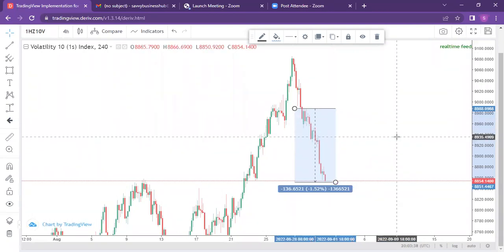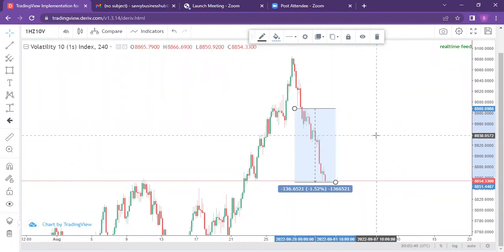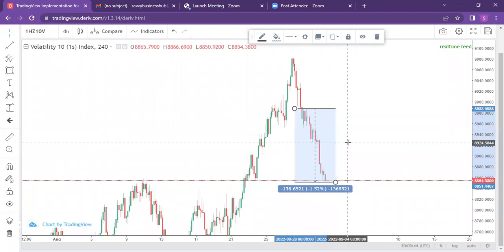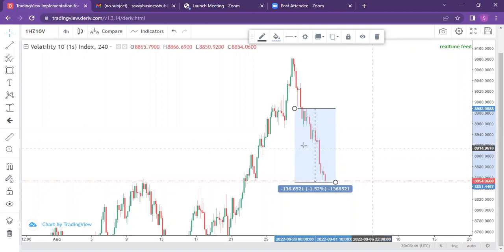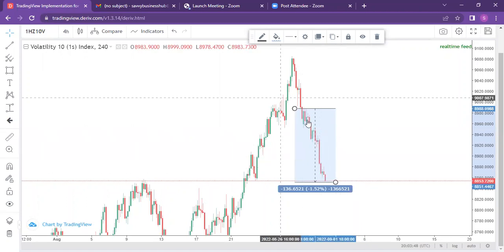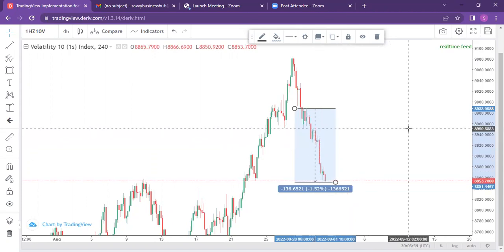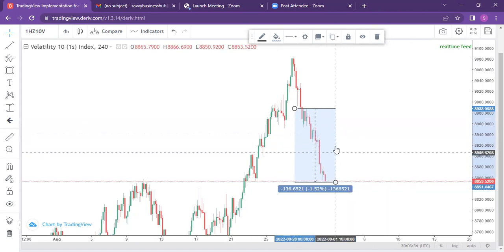Divided by 10, that is 13.6. 13.6 times 2, because 0.2 is the least lot size, is 26. That is, you're making $26 on this trade.